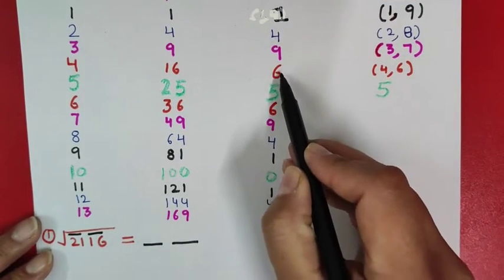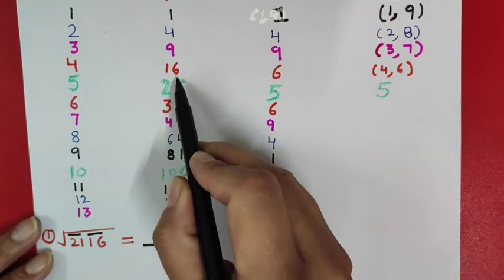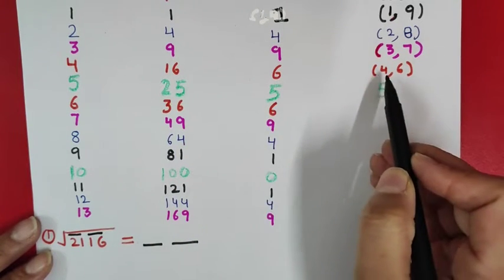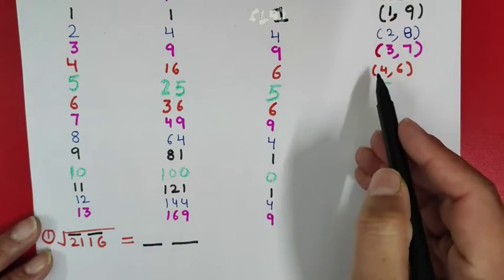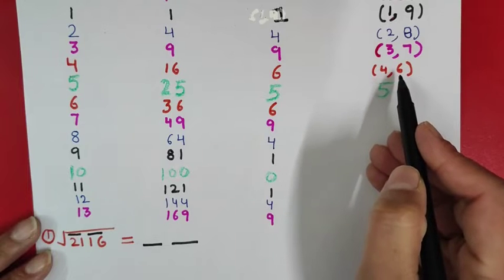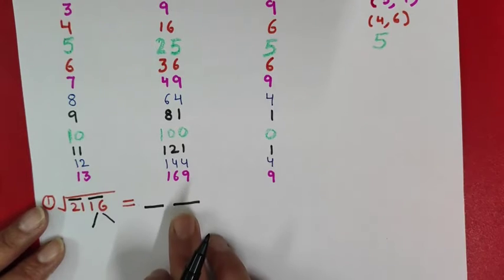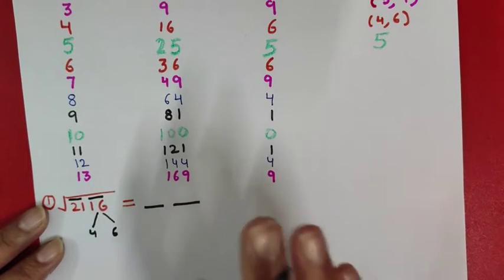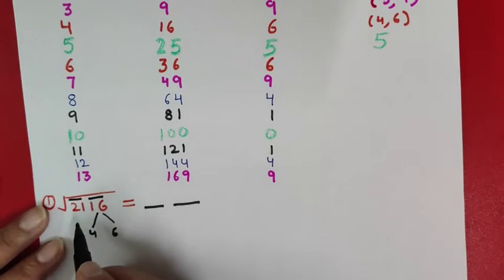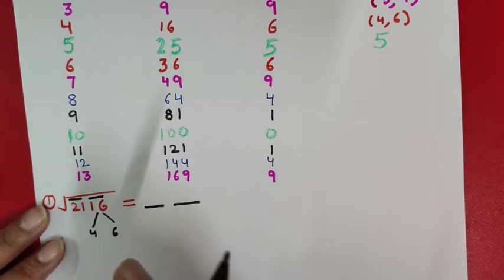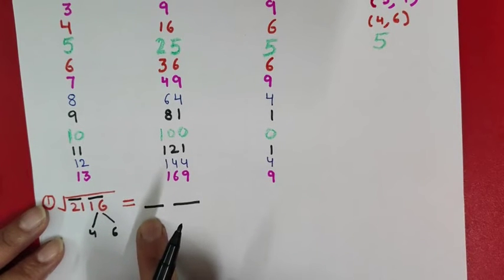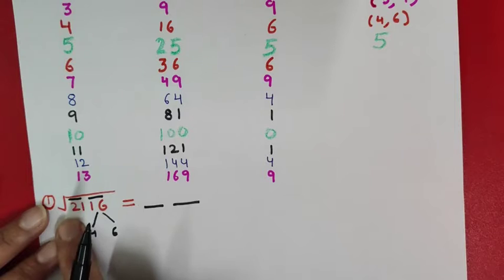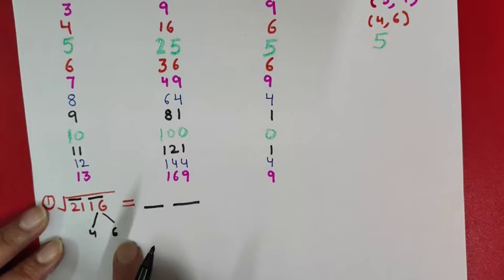So as the last digit of the square root, we can have either 4 or 6. This is fixed, right? Now this 21 will tell us about the 10th digit, and also this 21 will decide which one to choose, 4 or 6.